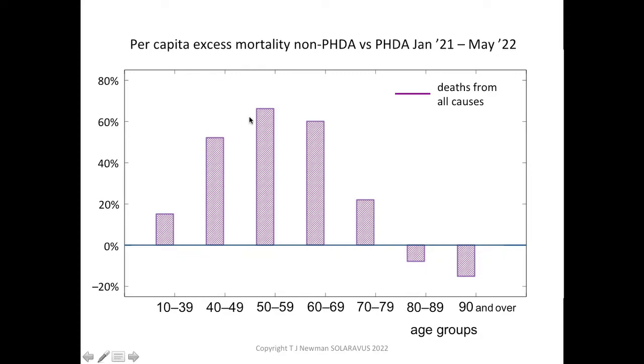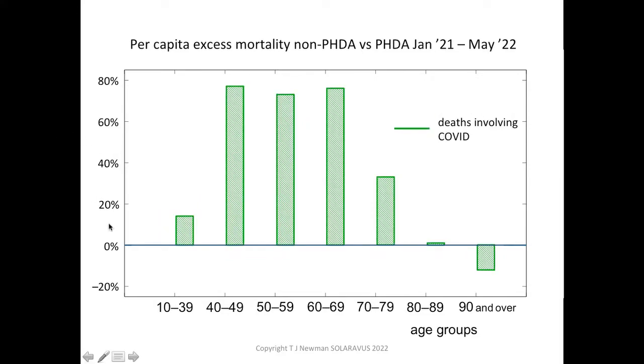This excess mortality can be as high as over 60% for people in their 50s. When you work out what proportion of that non-PHDA group is in these ages up to the age of 80, it's about 97% of that population. So 97% of the non-PHDA population have excess mortality compared to their peers in the PHDA population.